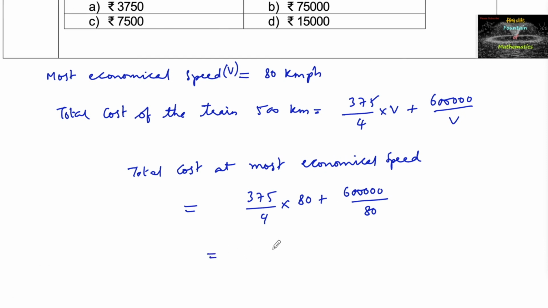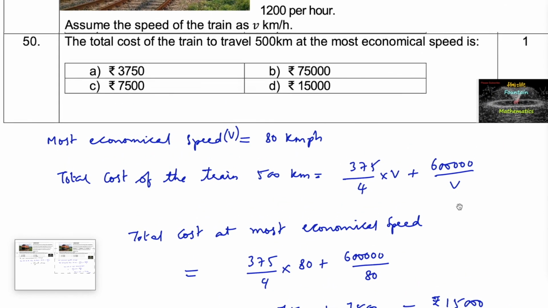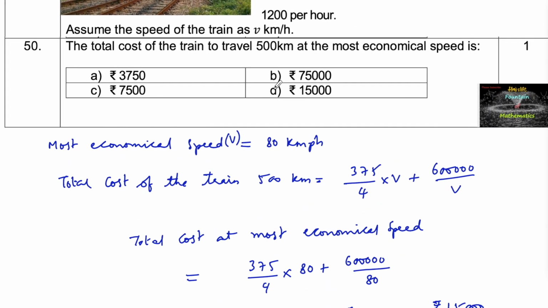So which is equal to, here we get 7500, and here on simplifying, 6 lakhs upon 80 is also 7500. So 7500 plus 7500 will get 15,000. So the total cost at most economical speed to run the train for 500 kilometers is 15,000. So option D. Okay, right.